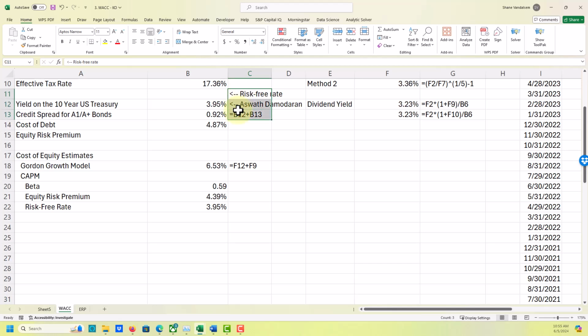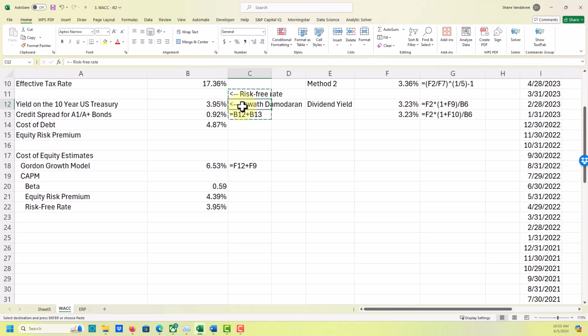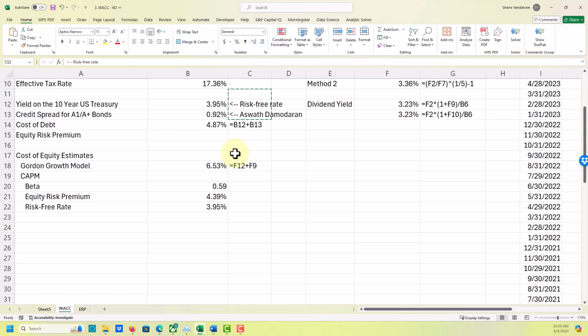There we go. So our risk-free rate is 3.95%. One source of information for the equity risk premium or the market risk premium is Damodaran. That's also where we got the credit spread for the A1, A plus bonds. The cost of debt is 4.87%.